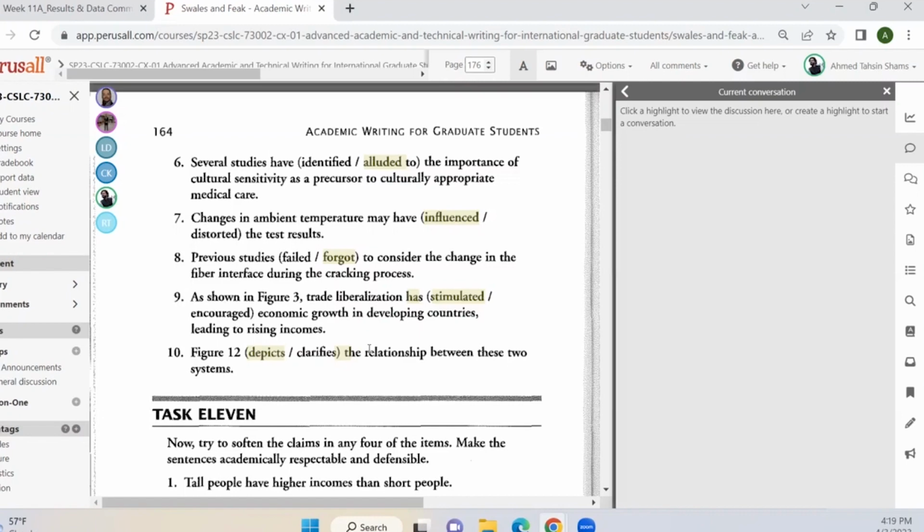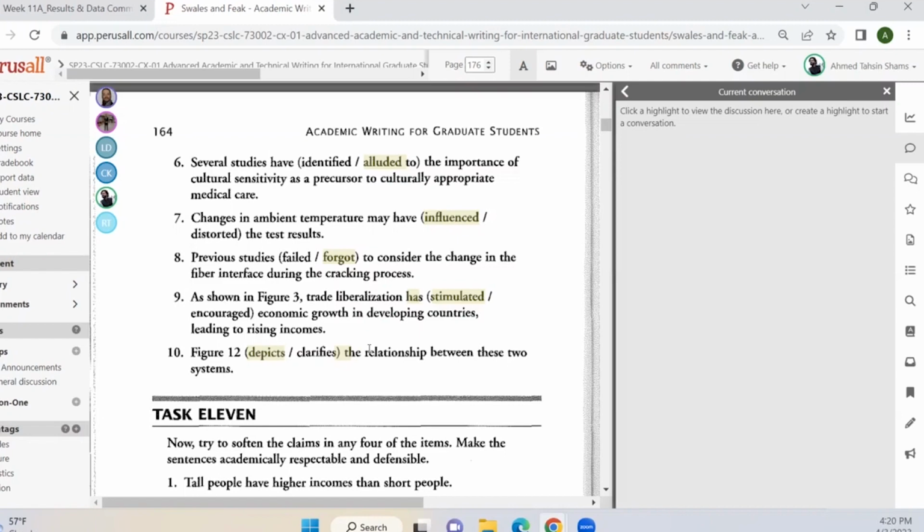We see it in many examples: "fails to consider," "failed." But if it's not a fail, you don't use the word fail. It could be a gap; it could be "previous studies missed something." You use the word "missed." "Miss" is also a word. Make sense?